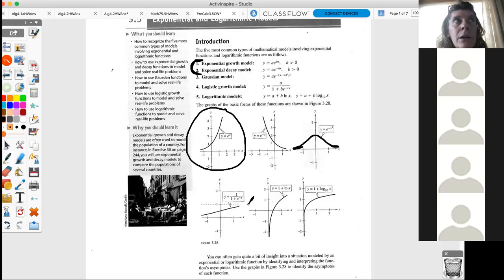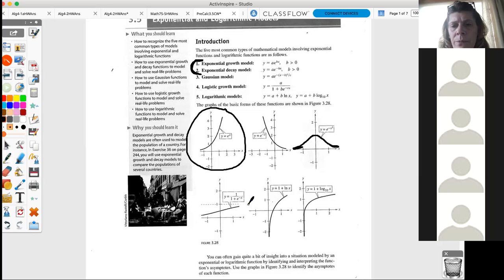This would be like, I think we've had a problem before where it was talking about trying to get rid of the pollutants. You have a big business, and how much money is it going to cost to get rid of pollutants? You can never actually get rid of 100% of those pollutants. It's like an unreachable goal. You can get close to it, but you can't quite get there.